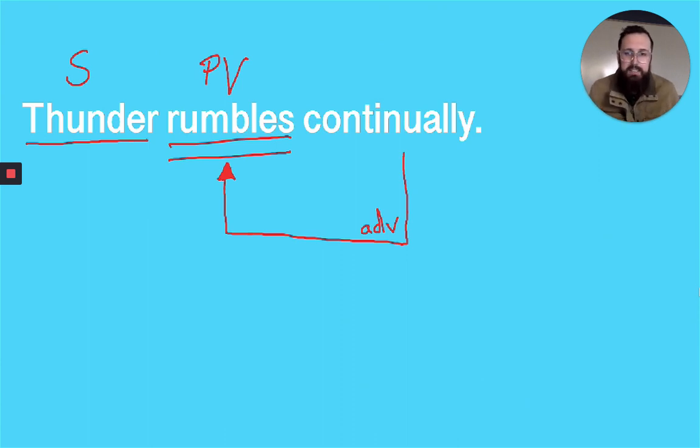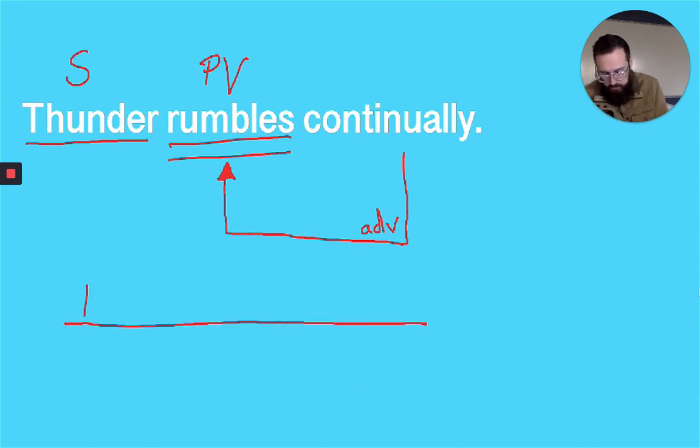Okay, let's go ahead and diagram this sentence. So I'm going to draw my baseline. I have the word thunder as my subject, and this is at the beginning of the sentence, so I'm going to capitalize it. Draw my vertical line, and then rumbles.